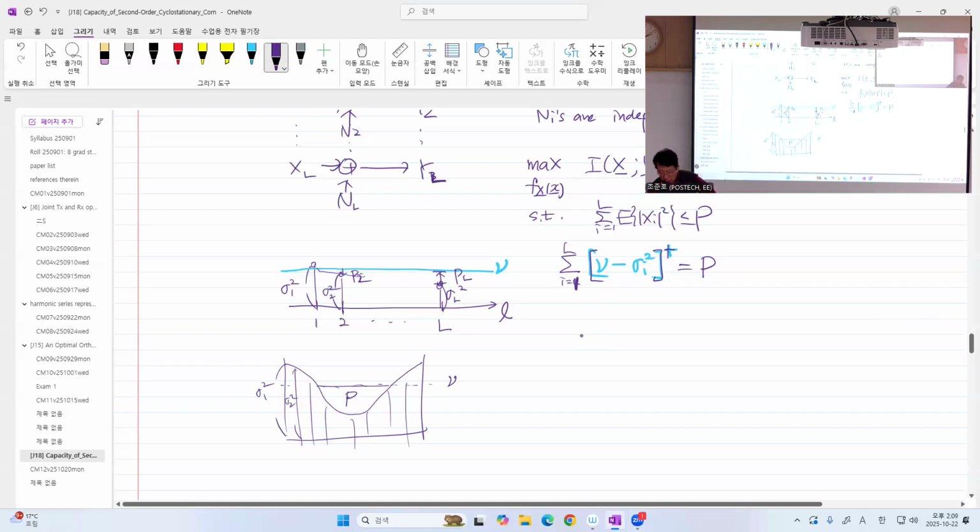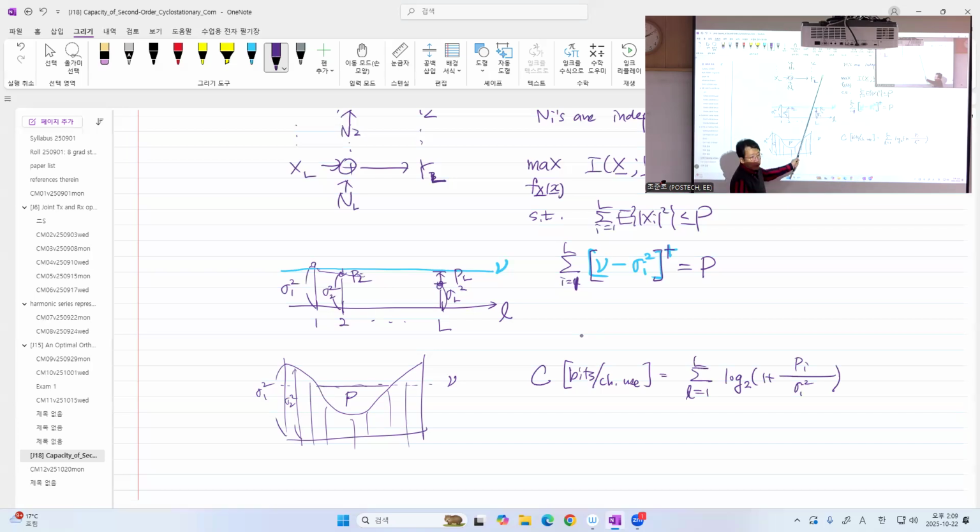Then the final capacity, in bits per parallel channel use, becomes the summation of log of 1 plus P sub i over sigma sub i squared. Here the base is 2 because we have bits per channel use. And be careful, since we assume complex Gaussian noise, there is no 1/2 here.